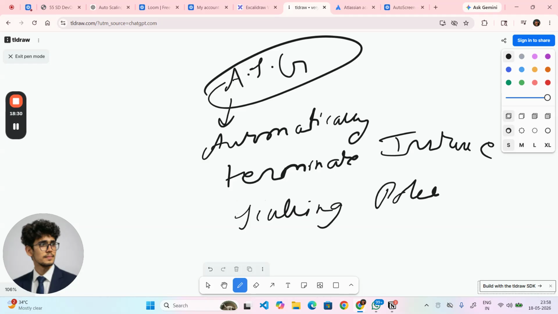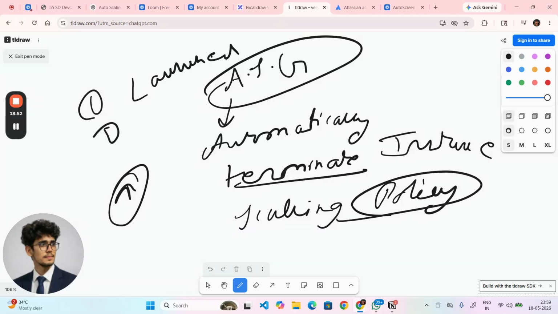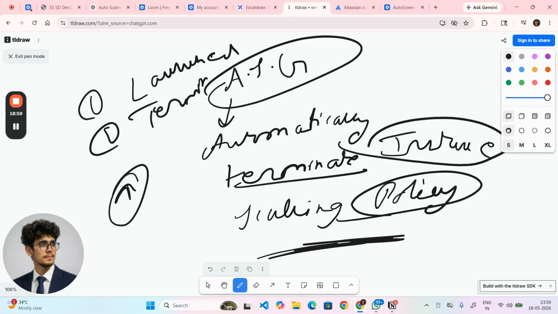So based on the scaling policy, you are going to terminate, or you are going to add an instance, whatever you can do. You can launch your instance. You can terminate your instance. So the 2 things, guys: you can launch and you can terminate your instance based on the scaling policy. Okay.